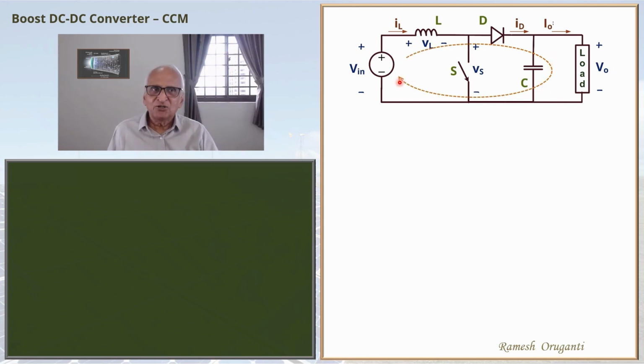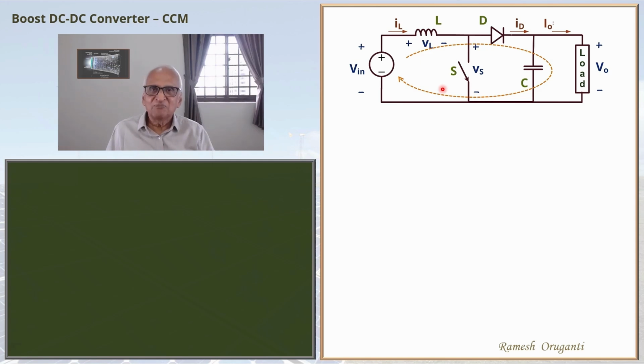So a current will flow and the capacitor will get charged. And if there is any load at all, it will get charged to a voltage value equal to Vin. So the minimum voltage that this circuit can produce is equal to the source voltage Vin. So the output voltage can only be higher than that, cannot be less than that. If the output voltage is less than that, the diode will conduct and the capacitor will get charged again.